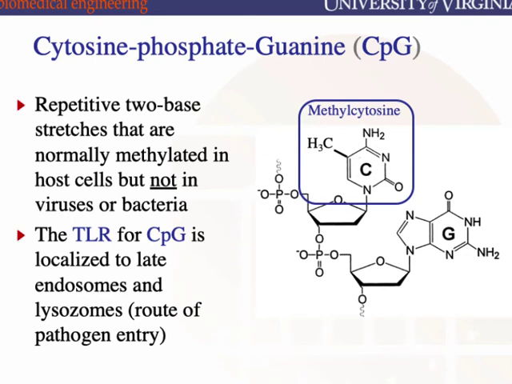So as a macrophage engulfs a bacteria and begins to degrade it, now all of a sudden the DNA is released and TLR9 is sitting there waiting to bind. Okay? So I have receptors on the cell surface to help me. I have receptors on the endosomes to help me.